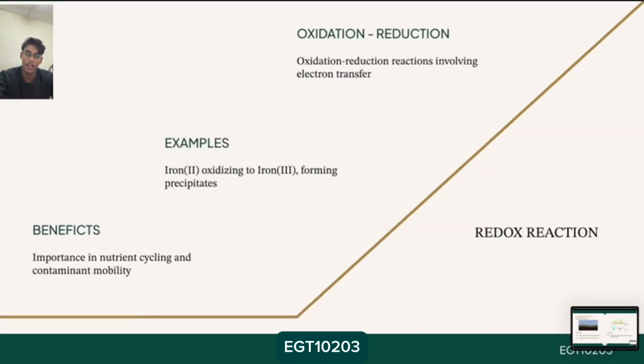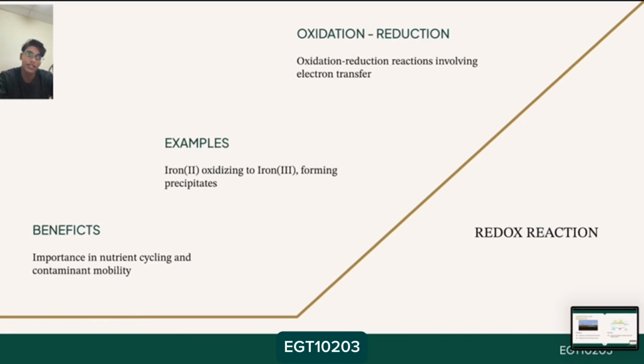Following up, we have one of the most dynamic geochemical processes in water, which is redox reactions. To be short and sweet, we will call it the oxidation and reduction process. Basically, redox reactions, which are oxidation and reduction, involve the transfer of electrons between chemical species, which often changes their form and reactivity.